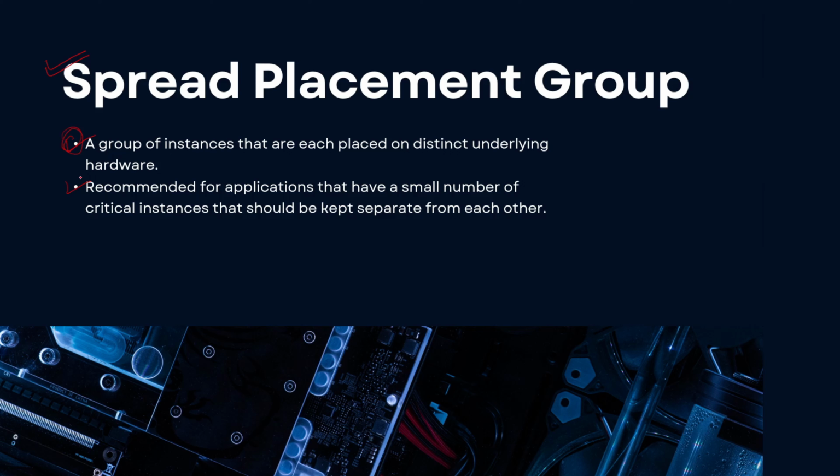You may have multiple EC2 instances, but each of those instances will be deployed on distinct underlying hardware, which basically means that no two EC2 instances will be deployed on the same server. Each of them will be deployed on different hardware, that is, different servers.